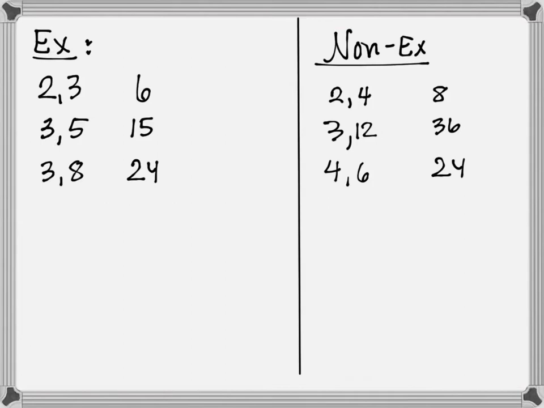Okay, so I'm going to stop right there, and I'm going to let you guys talk. Your goal is to try to figure out what the things on the left have in common that the things on the right fail to have in common. To see if you can figure out what it is that makes the ones on the left work while the ones on the right fail. And once you decide in your group that you think you have it, get my attention. I'm going to come over there and I will let you know if you have it or not.